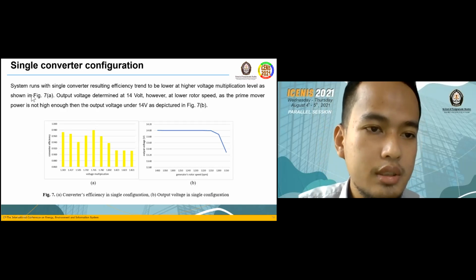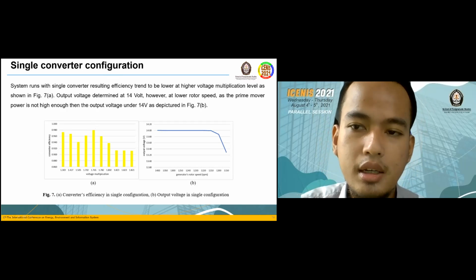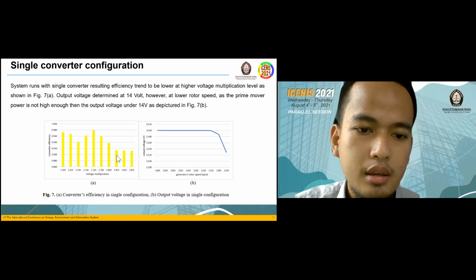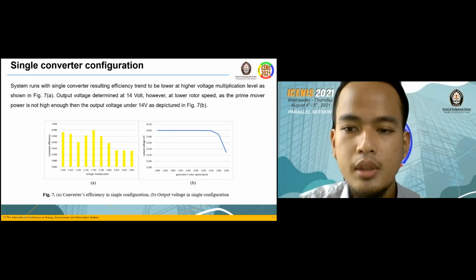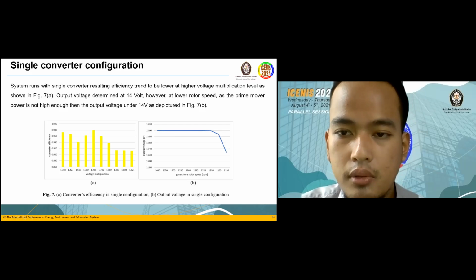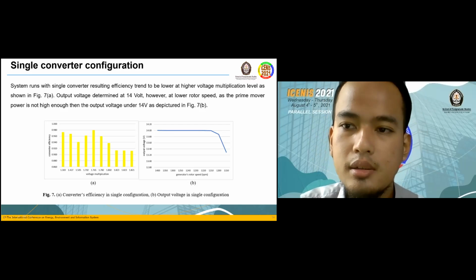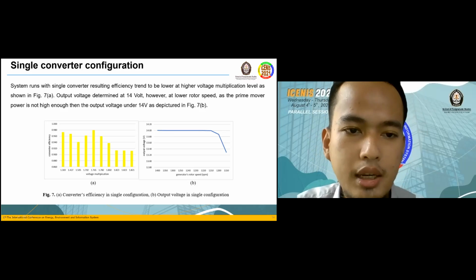Then in single converter configuration, the system runs with a single converter, resulting in efficiency trending lower at higher voltage multiplication. And in figure 7b, we can see the voltage determined at 14 volt, but it decreased at lower rotor speed as the prime mover power isn't high enough.